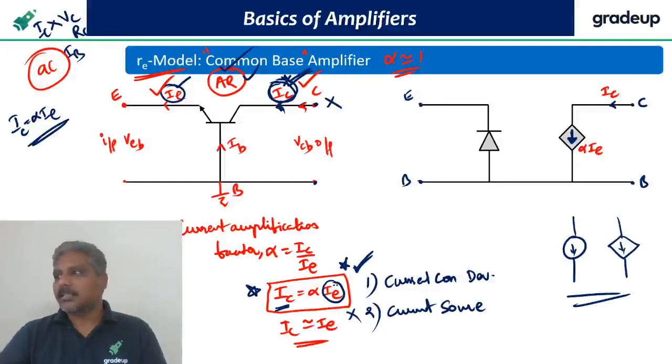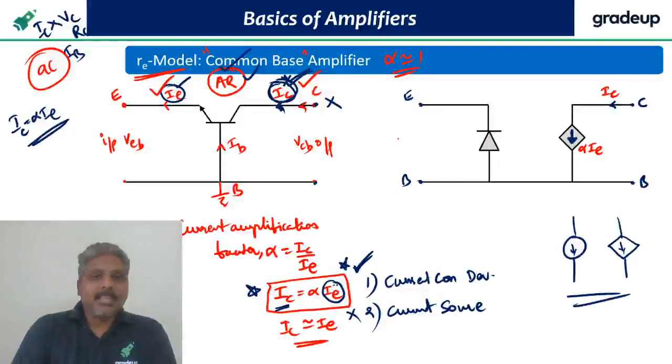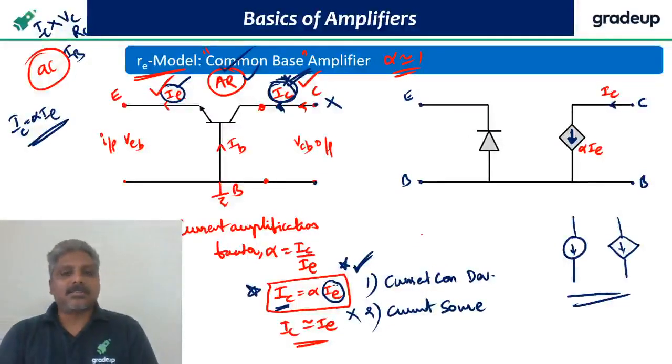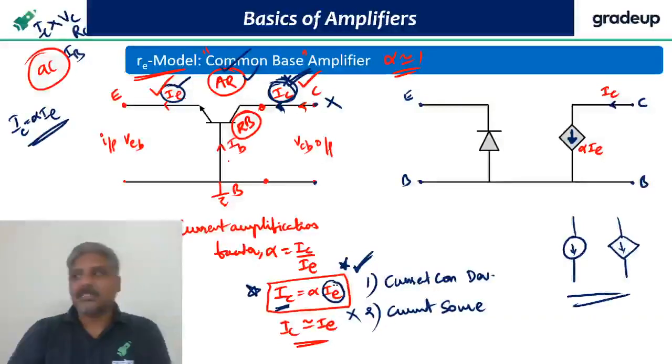Is it clear, guys? Yes, it is a current dependent current source. That's why I'm representing it so. Between these two terminals, my BJT is behaving like a current source. That is the specialty, right? Even though there is a reverse bias, current is flowing. Exactly. Fine. Now coming to the next point.